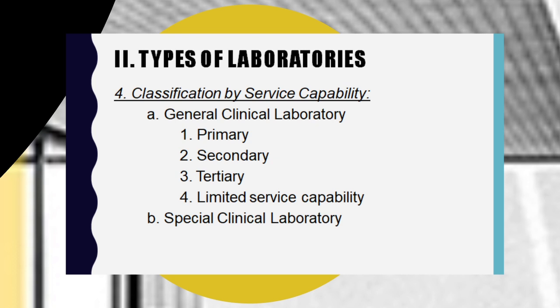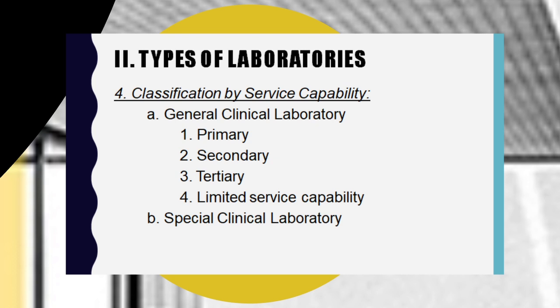While the tertiary laboratory performs the secondary and the primary laboratory services plus special clinical chemistry such as liver function tests and hormones, or special hematology procedures including coagulation tests, immunology and serological tests, microbiology, culture and sensitivity of aerobic and anaerobic organisms, and the limited service capability.